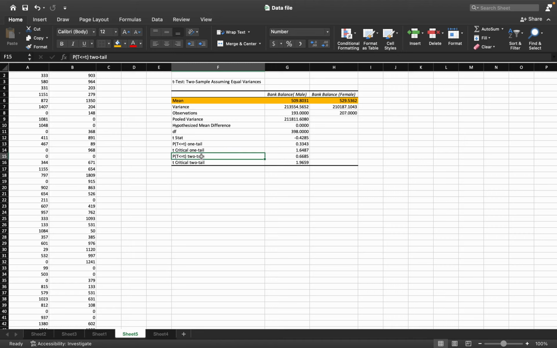When the p value is less than 0.05, we can conclude that there is a significant difference between the bank balance of male and female. So in this situation, we can see our p value is 0.668785. It means that there is no significant difference between male bank balance and female bank balance.